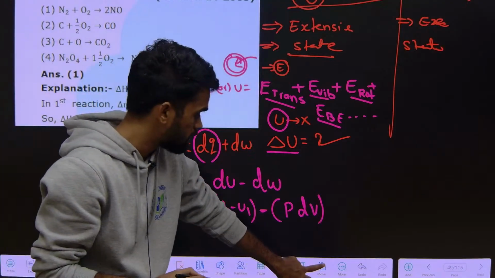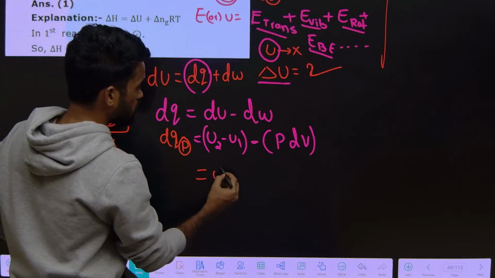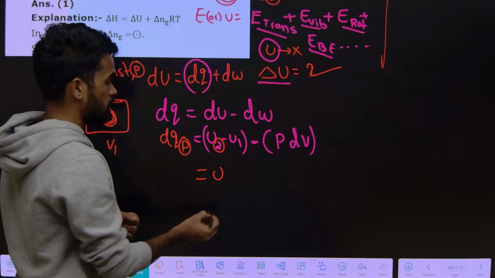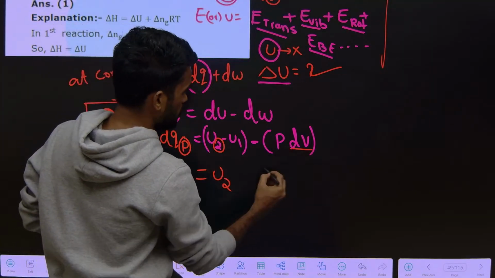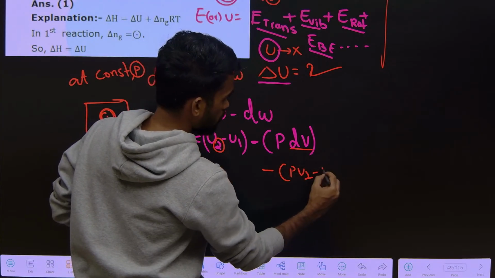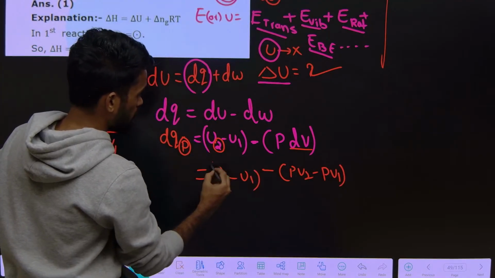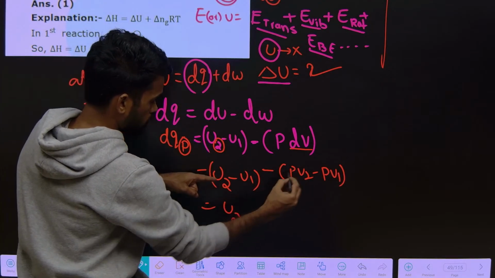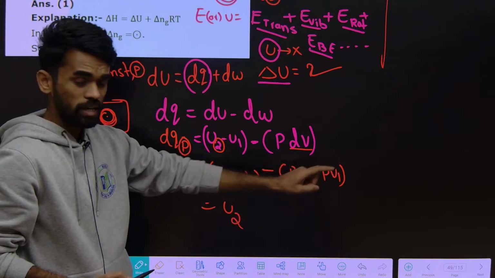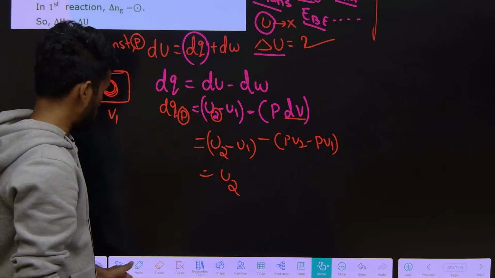Why should I call it enthalpy? Just look at what we are going to get. U means internal energy at some condition, U2, and this PdV I can write as PV2 minus PV1, right now, U2 minus U1. So from here, dW means what?